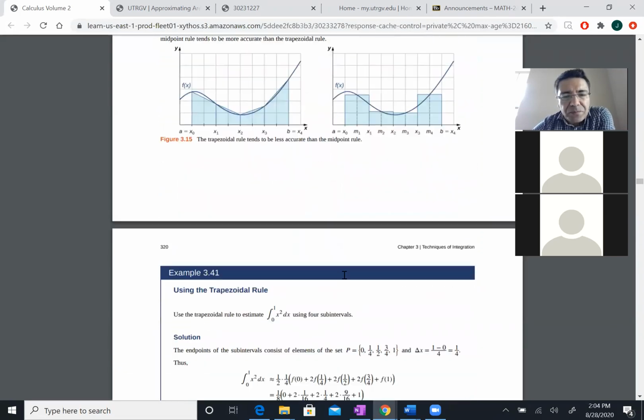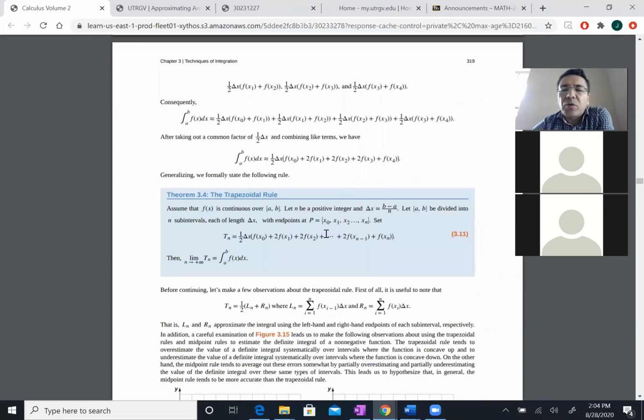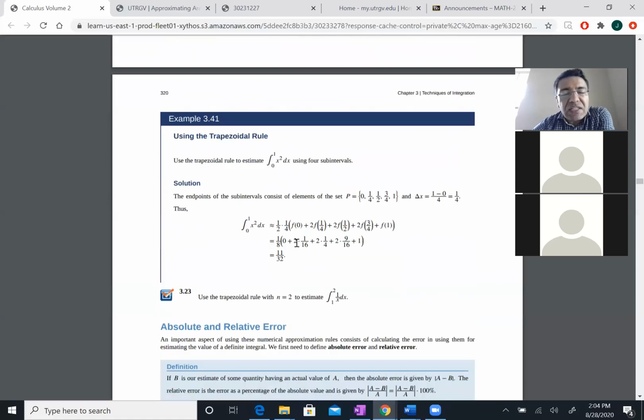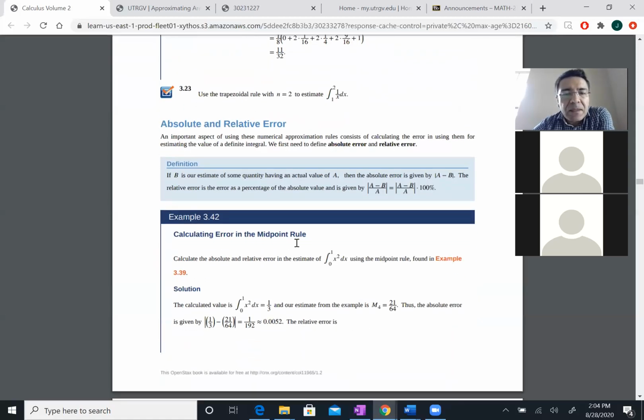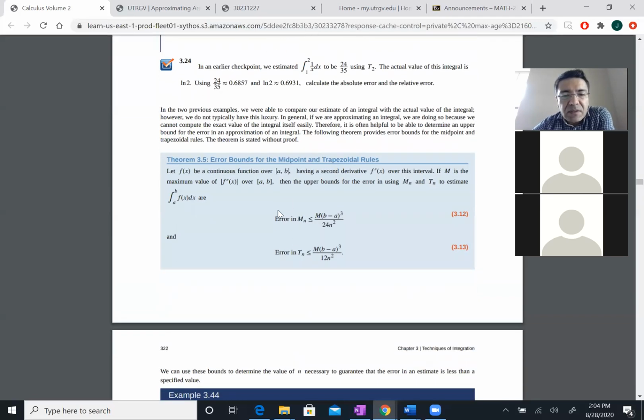One important thing: why do we need more approximation methods? We already have right hand sum and left hand sum from Riemann, right? It turns out that these approximations are better because they tell you the error. There is a formula, a way to approximate the maximum error you're going to have.